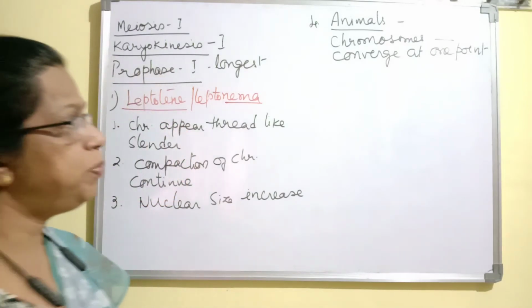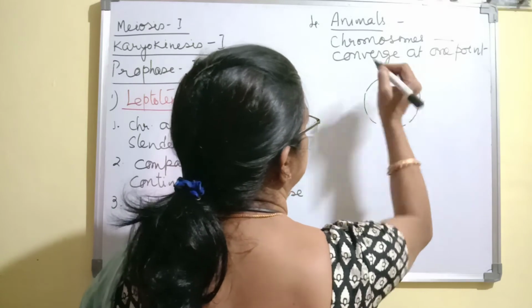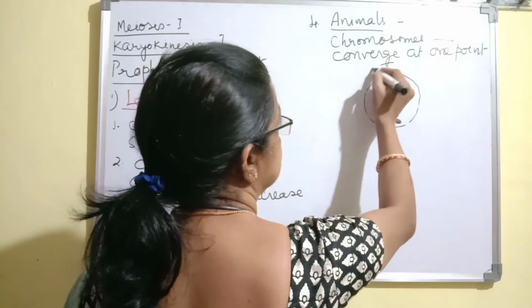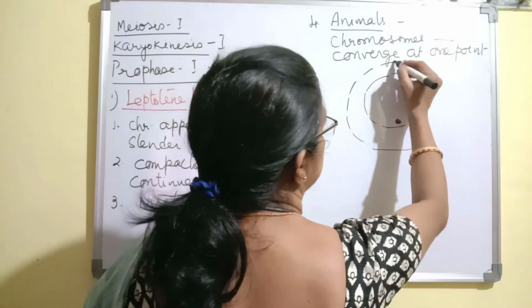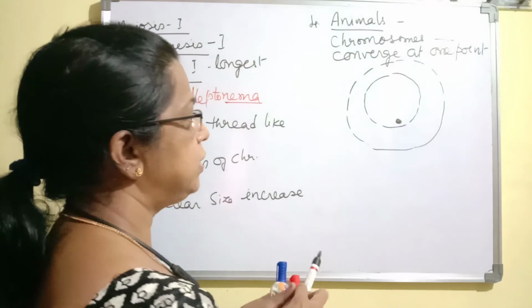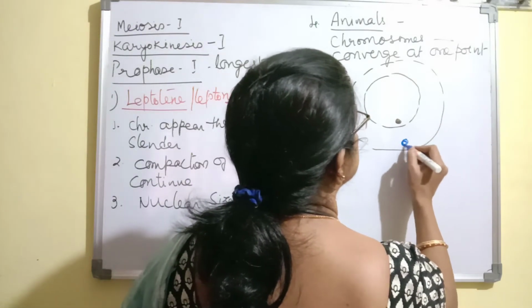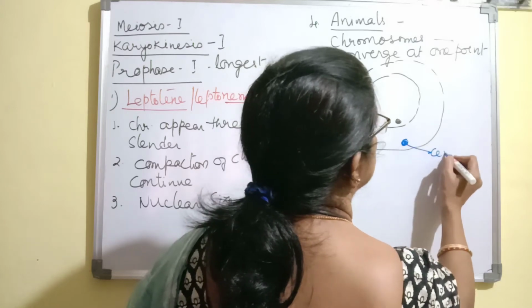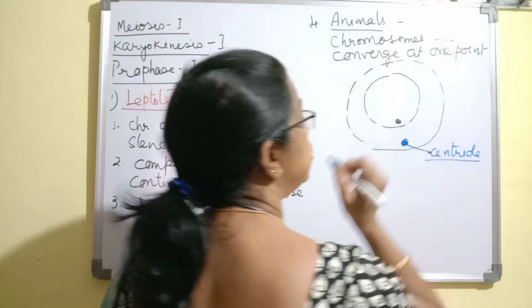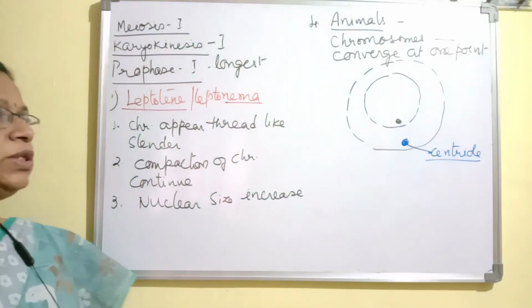Converge at one point. Suppose this is the nuclear membrane with nucleolus, and this is the cytoplasm. In animal cells, we know there is a centrosome or centriole present. Centrosome consists of 2 centrioles.